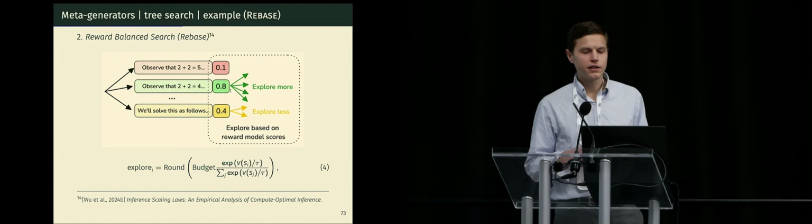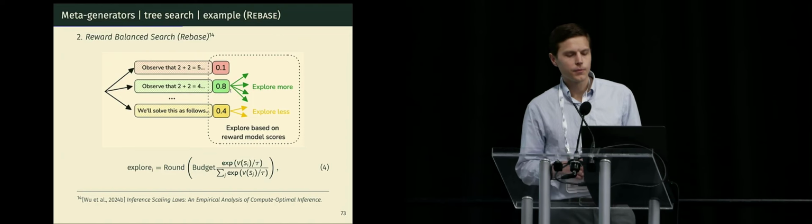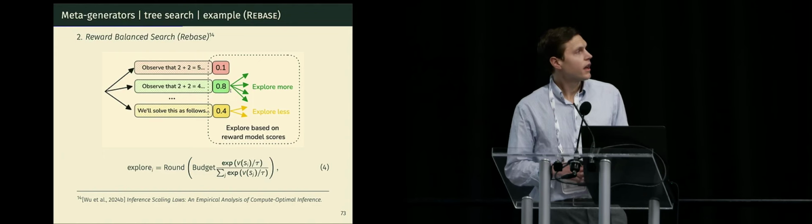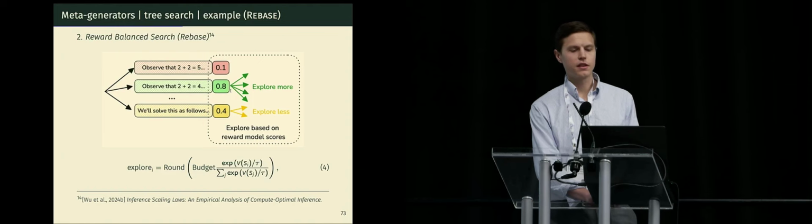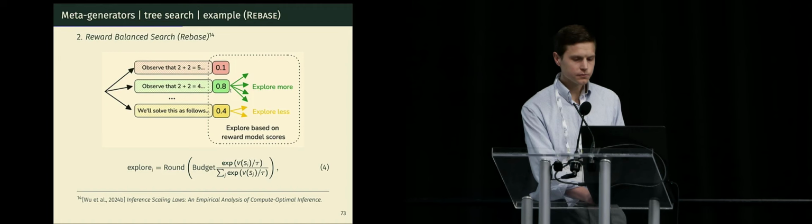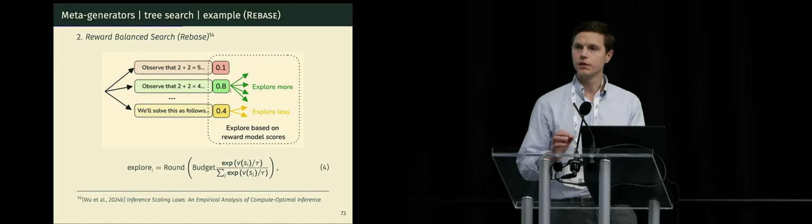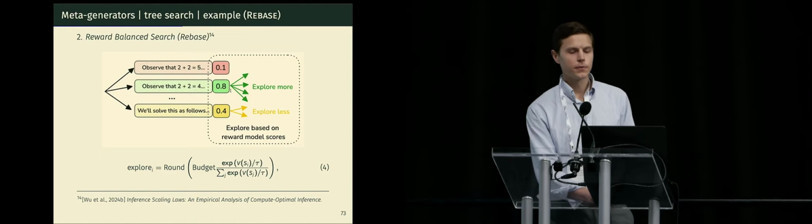Then you have to design some tree search procedure for incorporating these scores. Here's one that we designed recently, called reward balanced search, and it uses a really intuitive idea. It takes the scores that you get from your reward model, and the question is how do you decide what to explore next when you're doing the tree search? What it says is you want to allocate your exploration budget according to your reward model scores.